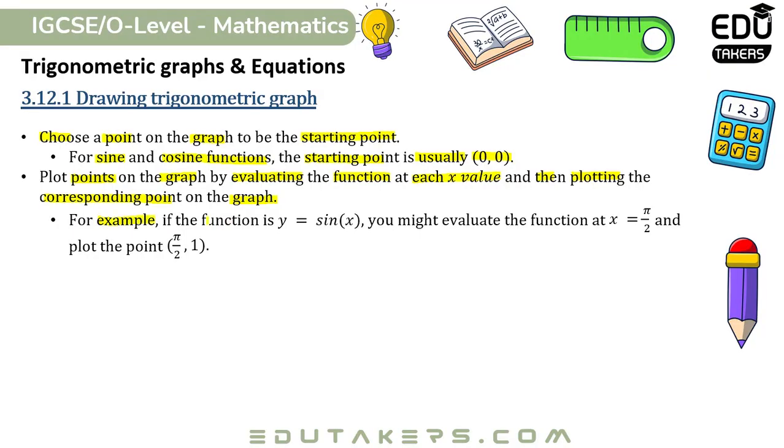For example, if the function is y = sin x, you might evaluate the function at x = pi over 2 and plot the point (pi over 2, 1). Connect the points with a smooth curve to complete the graph.